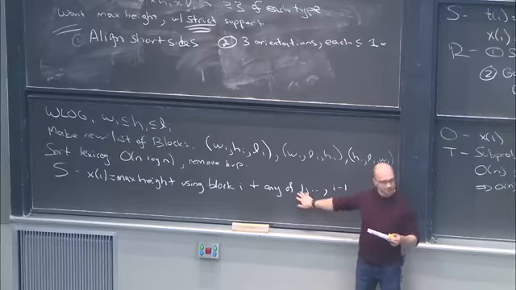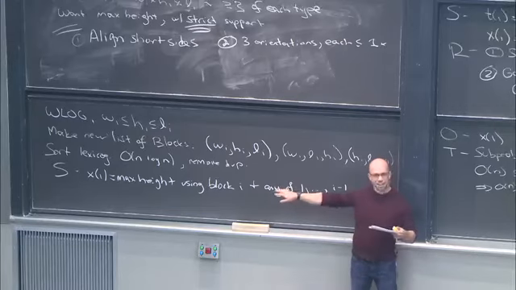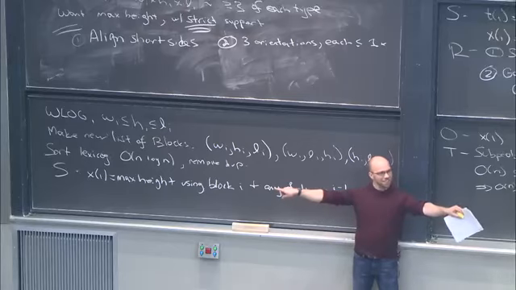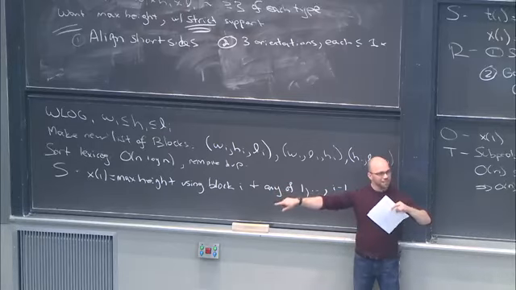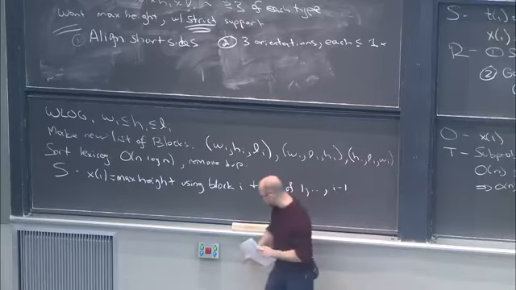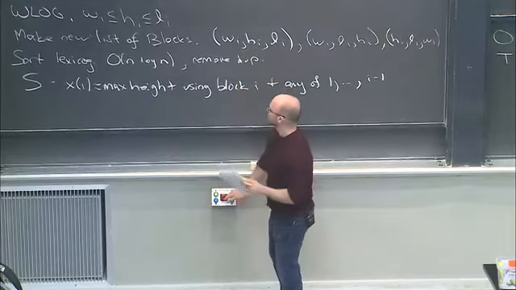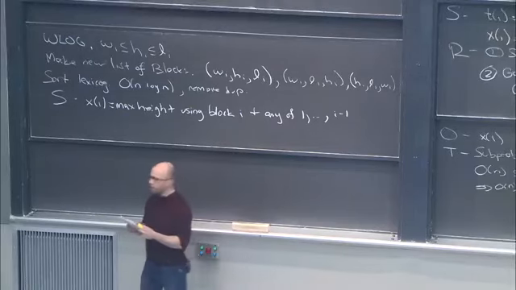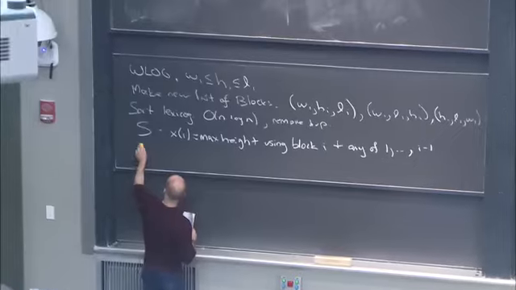So this is a problem. Obviously, if I could solve for x, I would be done, right? Because I could get the maximum height by just iterating over all the x's and choosing the biggest possible value here. And the question is, how do I do this recursively? Okay, so here's our recursive step.